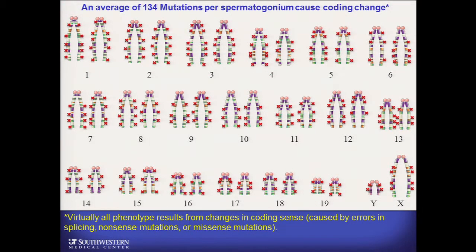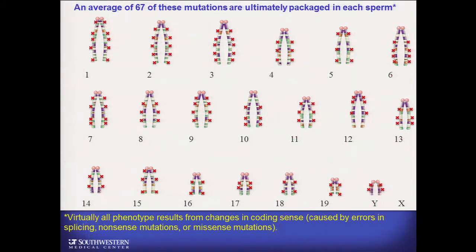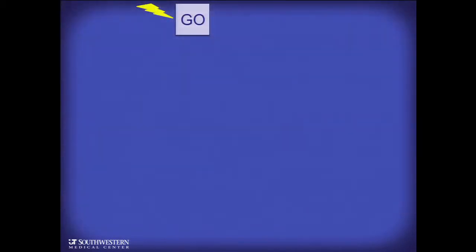So these 134 mutations are distributed among the chromosomes, which are each long single molecules of DNA. And in the process of meiosis, only half of the mutations are transmitted and packaged within each sperm. 67 mutations then, on average, are transmitted to all of the progeny of this male mouse when it's bred.